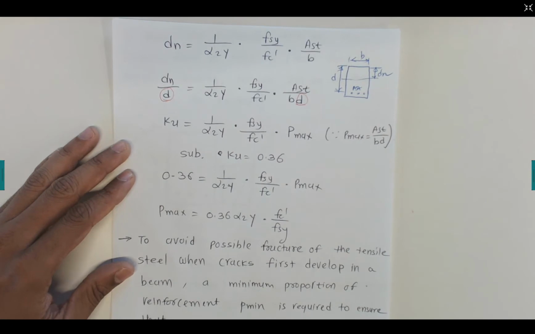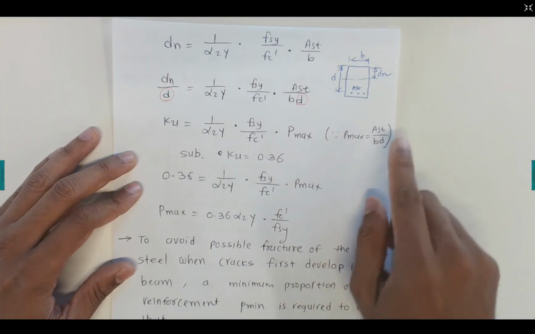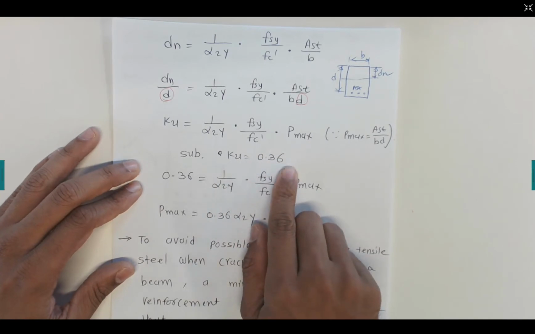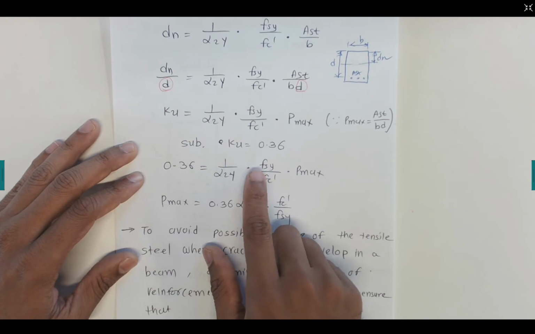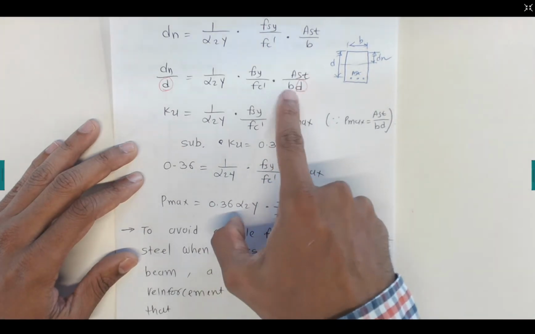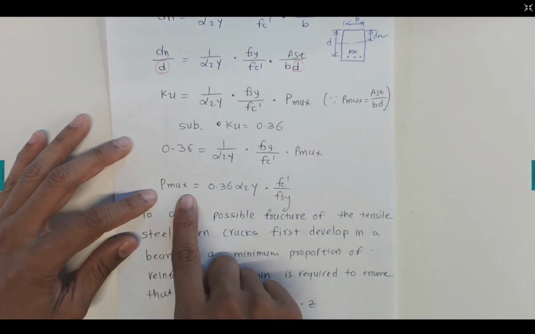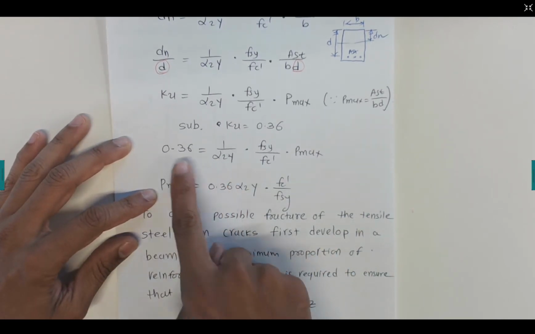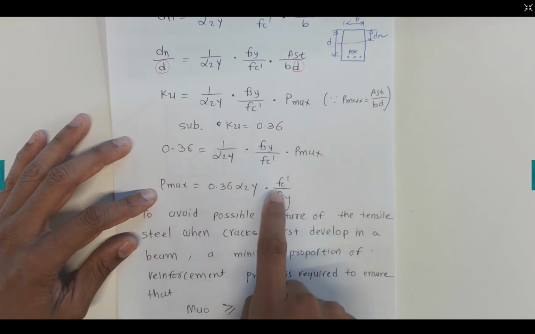This is a typical notation for these symbols, and this is the area Ast. We substitute ku equal to 0.36, that's the requirement. So 0.36 is equal to 1 over alpha 2 f'c times fsy times Ast, and this gives the maximum reinforcement required. The maximum reinforcement required is 0.36 times alpha 2 gamma times f'c over fsy.